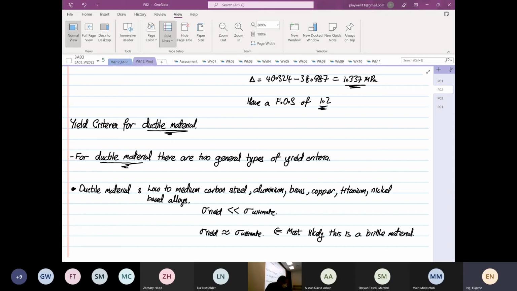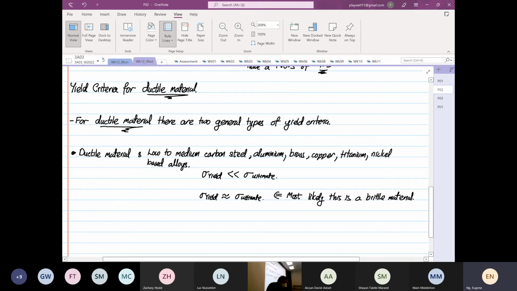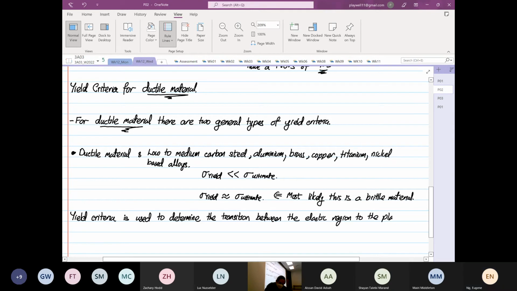Before we go to two types, the yield criteria is used to determine the transition between the elastic region to the plastic region.